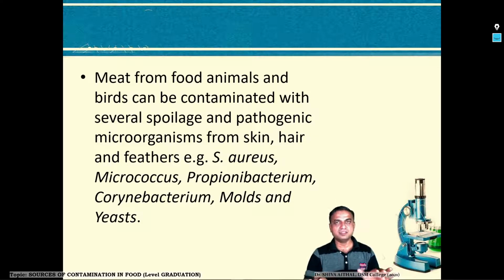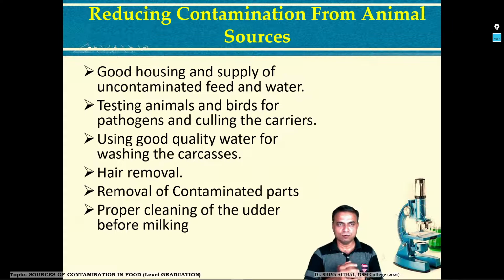Partially or most of it they are destroyed if the food is heated, boiled, fried, etc. But in many cases, if neglected, if the processing is not good, then they may be added in the food.